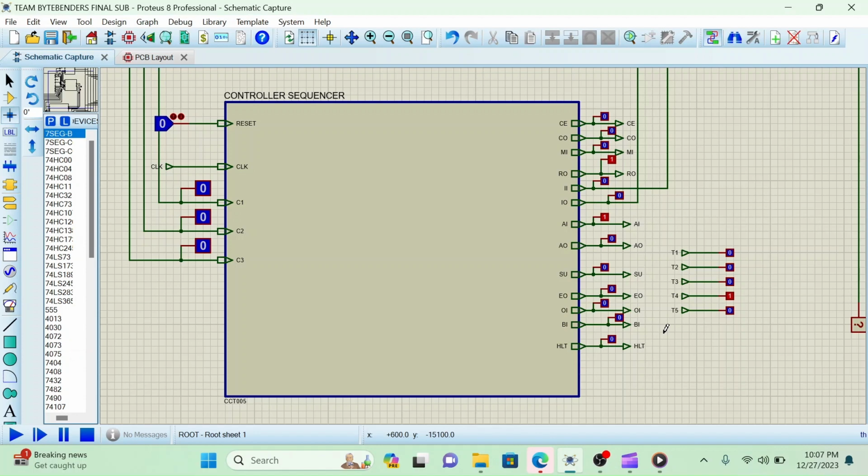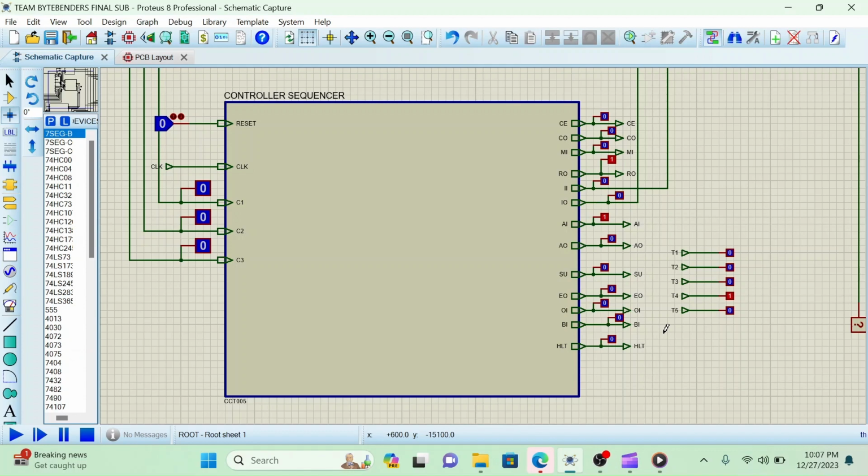There we have C1, C2, C3. These are the inputs which receive the signal from the instruction register. The 3-bit signal we receive from the instruction register is what creates the control signal or sequential signal that the controller sequencer is supposed to create.